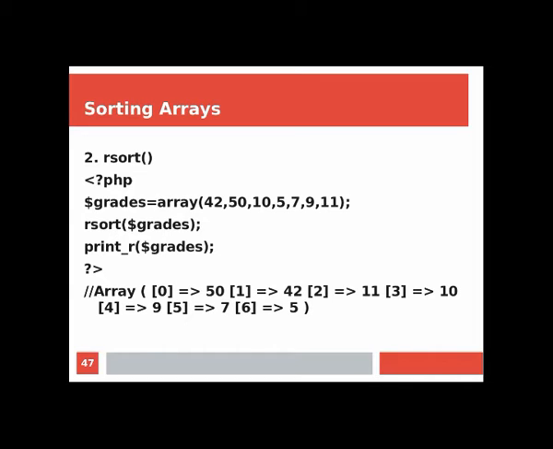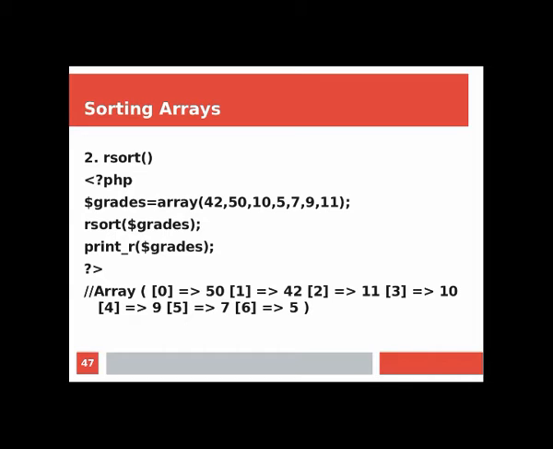Then the next is lower, 42, then 11, then subscript 3 => 10, again lower, then subscript 4 => 9, subscript 5 => 7, and subscript 6, the last element at the seventh position, => 5.